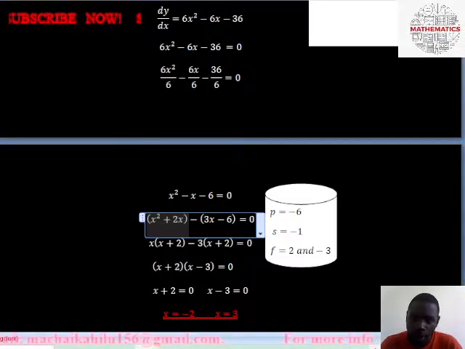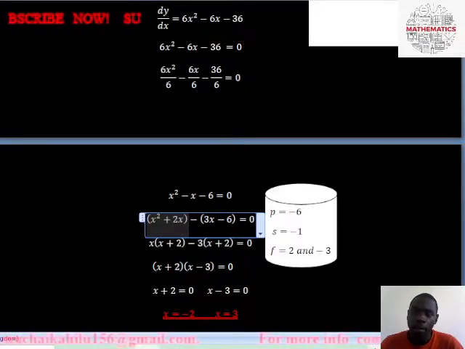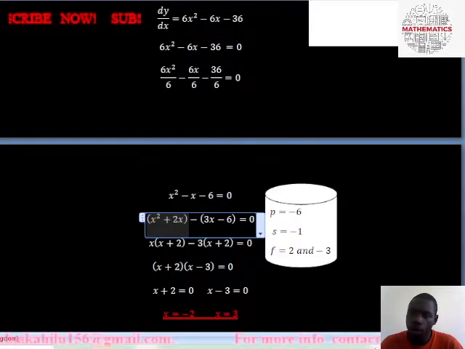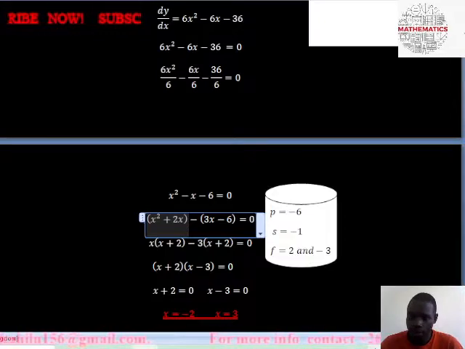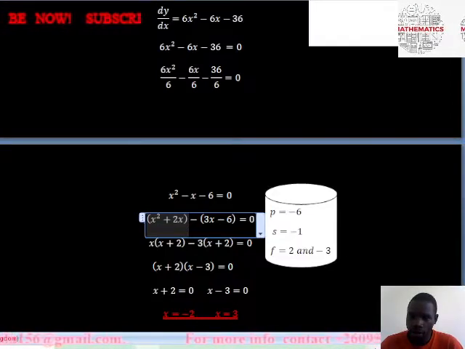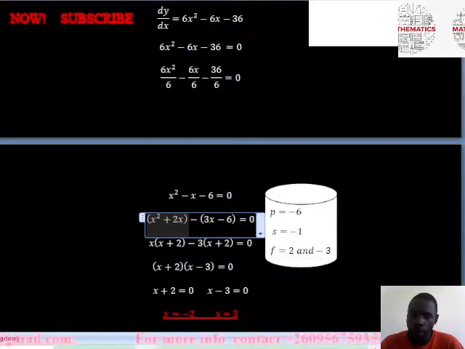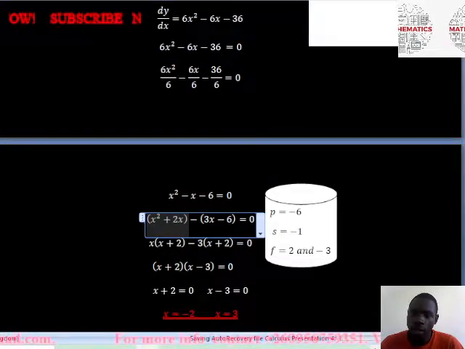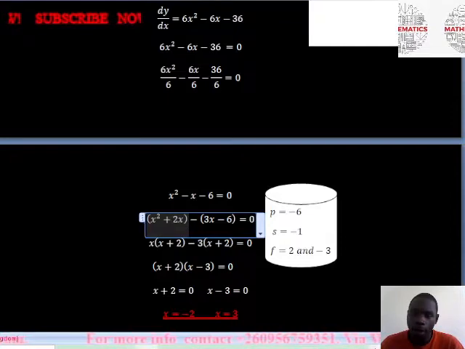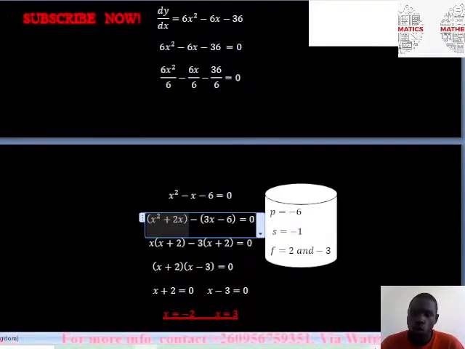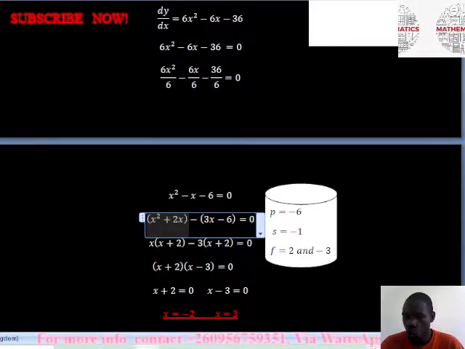When you look at that one, a letter which is common there is x. x is common, so I'll say x, open bracket, x into x is x squared, plus x into 2x, I'll remain with 2.